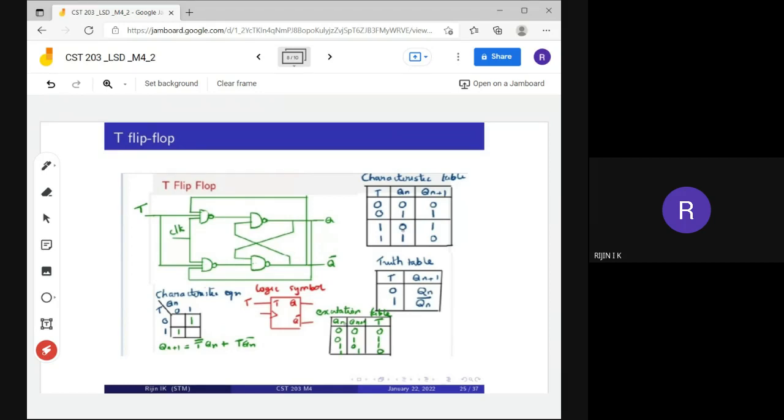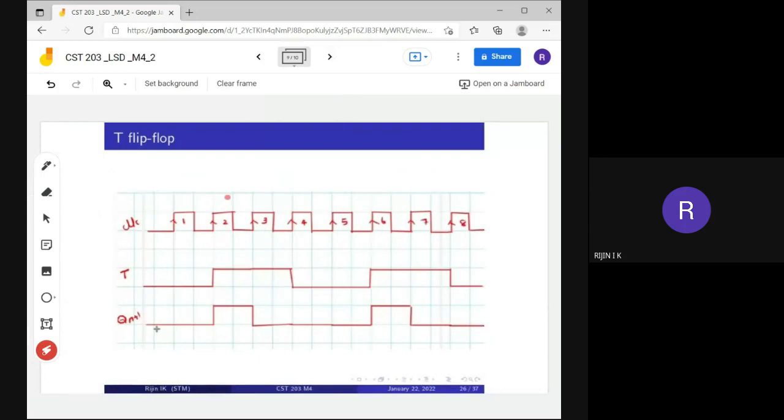Then for this you need to draw the waveform. So this is a waveform corresponding to this T flip-flop. Here you can see that we are assuming these are the clock symbols. And this is the T input. Initially the T input is 0. For the first clock pulse, assume that your current state is 0.